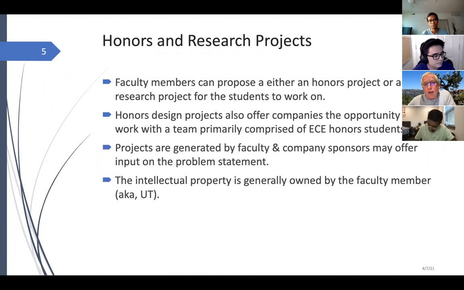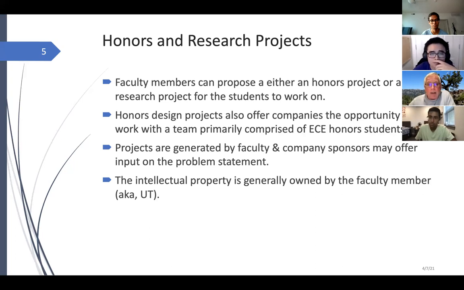They'll say, we have some part of this project that we would like the undergraduate students to work on, and they'll turn that into an honors or a research project. Now, remember that the intellectual property that is generated is owned by the faculty member, AKA UT. UT actually owns a piece of it also.